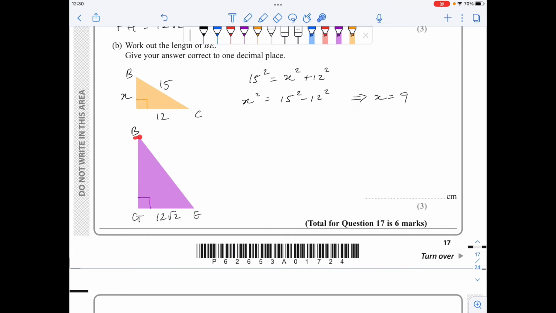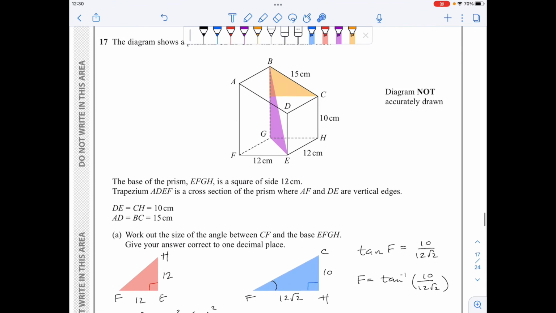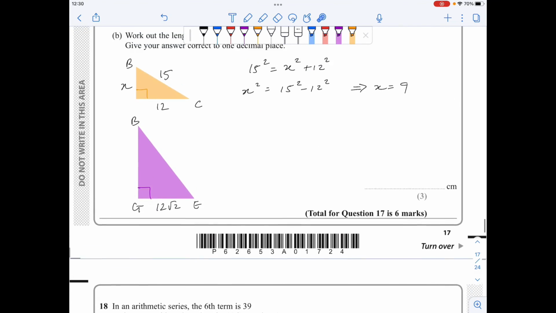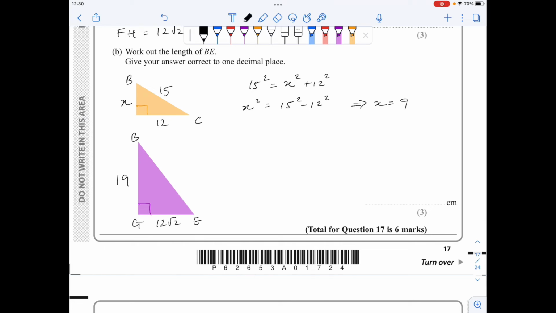Hence, the height of this triangle BG is equal to 9 plus 10, because this side is equal to 10. So I get a height of 19.